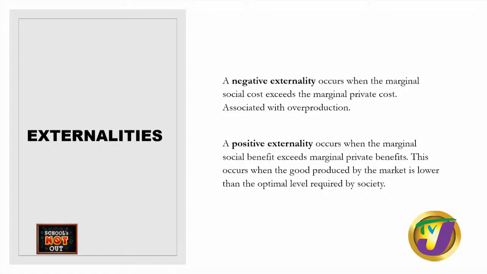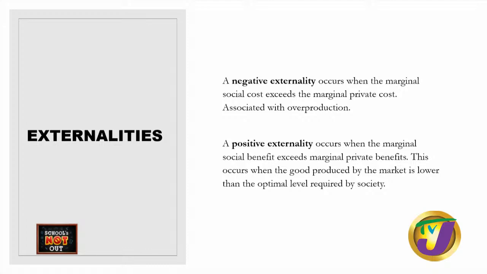So when the marginal social cost is greater than the marginal private cost, this is where we have a negative externality. So it simply means that the cost for this entire transaction is not just limited to what the private individuals are facing. The cost also looks at the cost to the third party, and when there is a cost or disadvantage to the third party, we say that there is a negative externality.